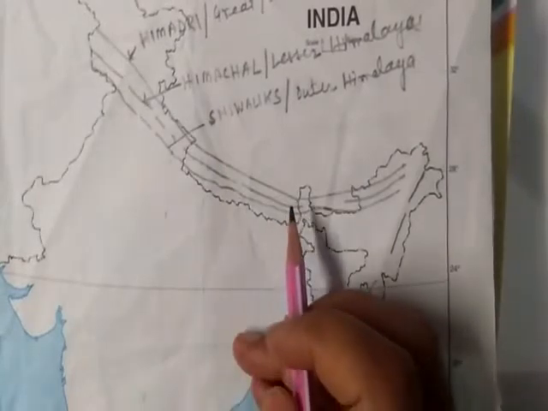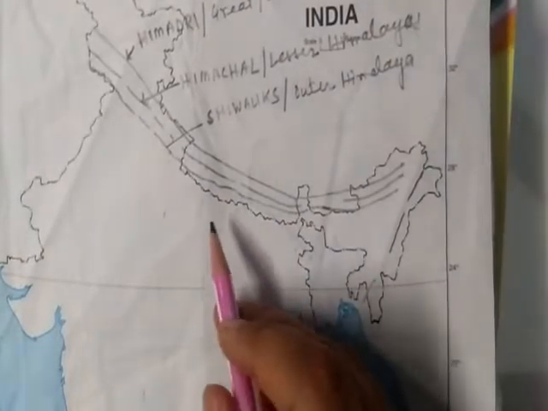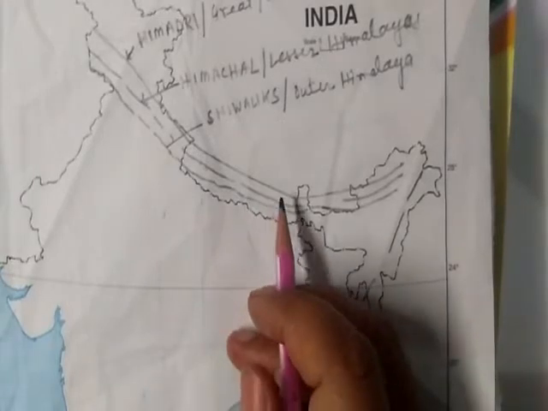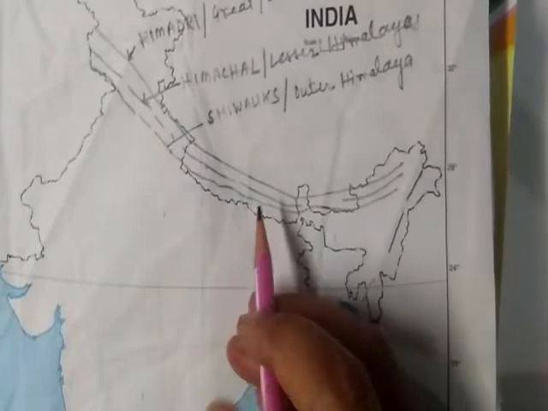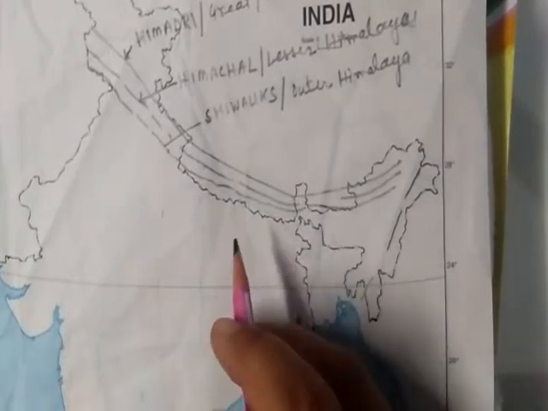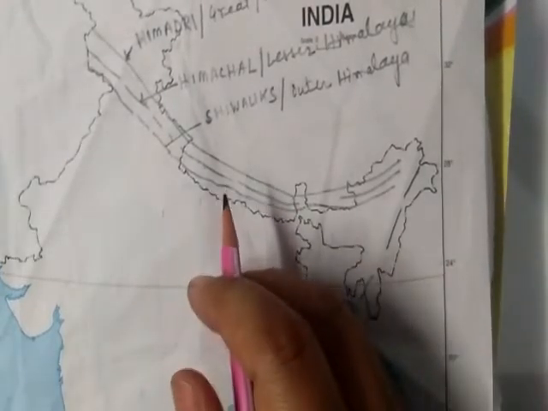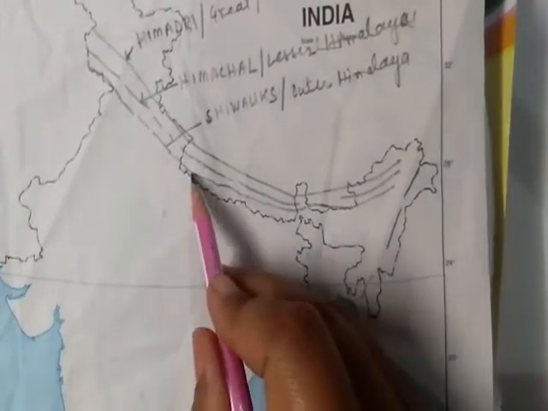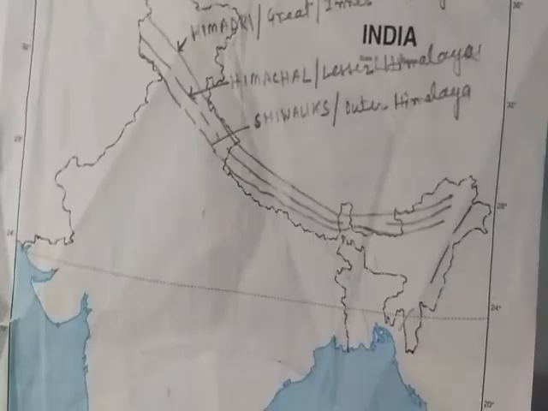Width is 10 to 50 kilometers and altitude varies between 900 to 1100 meters. These are composed of unconsolidated sediments, which were brought down by the rivers from the main Himalayas. Due to these unconsolidated sediments, this area is more prone to landslide.